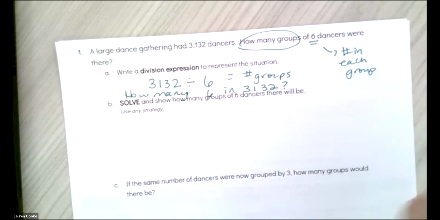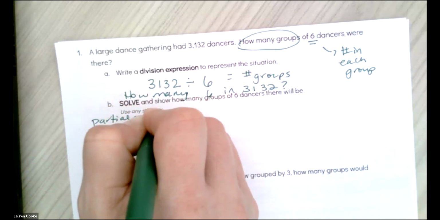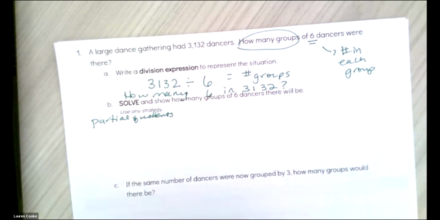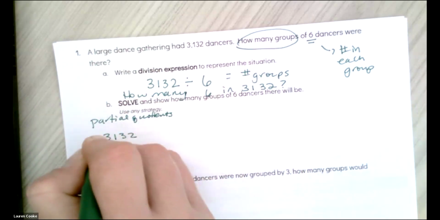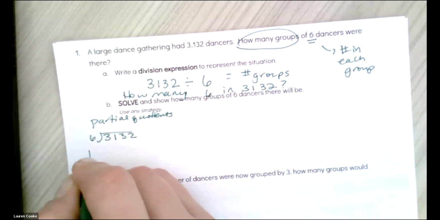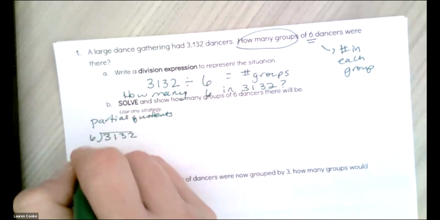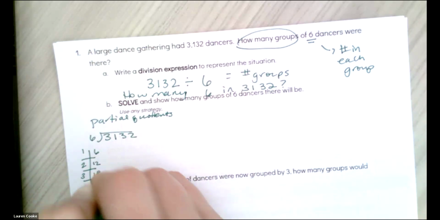Use any strategy. I'm going to just use partial quotients, but I will start using the standard algorithm soon. So if I have 3,132 divided by 6, I'm immediately making multiples of 6. 1, 2, 3, 4, 6, 12, 18, 24.